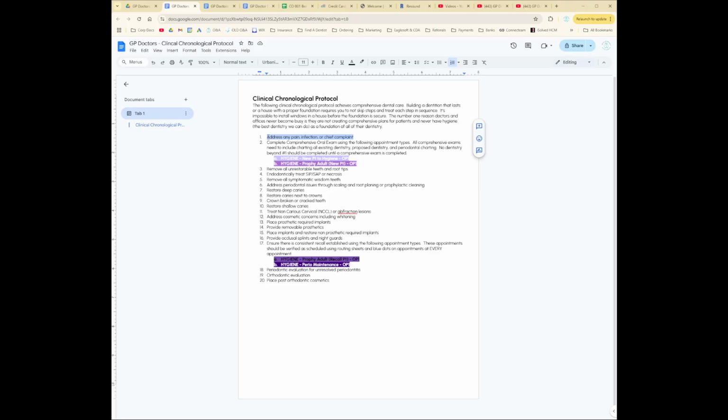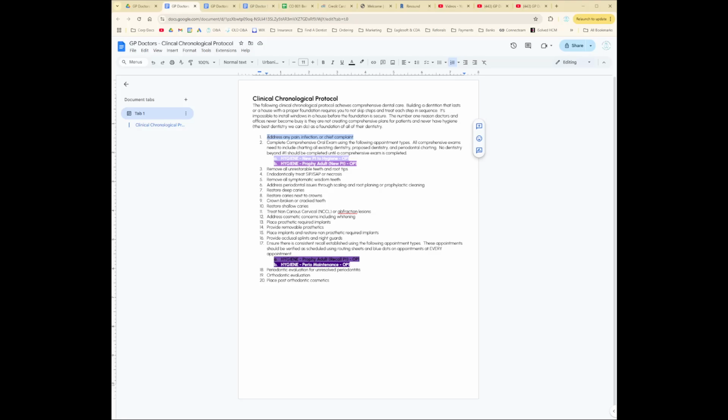So all comprehensive exams need to follow the read-over technique, and we need to go tooth by tooth, and we need to do the intraoral and extraoral exams. But it's very important that we chart every single existing tooth, the proposed dentistry, and that we also complete a periodontal chart.